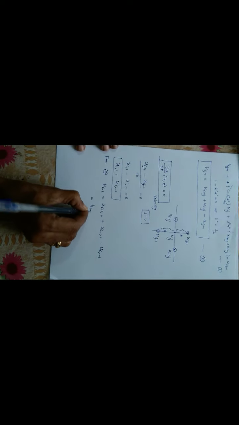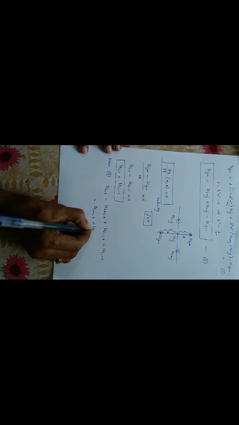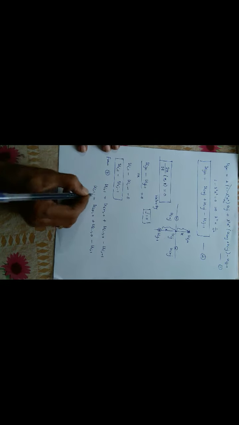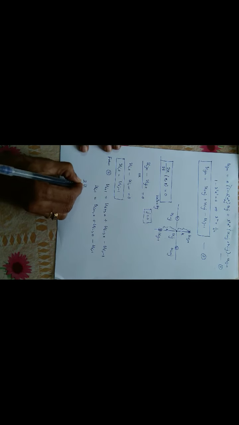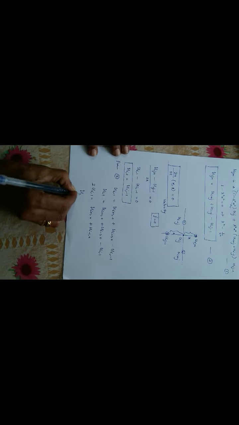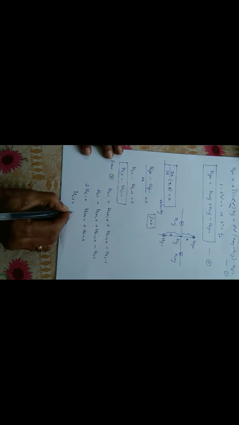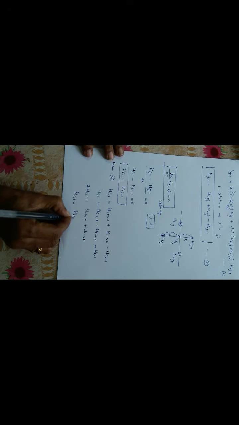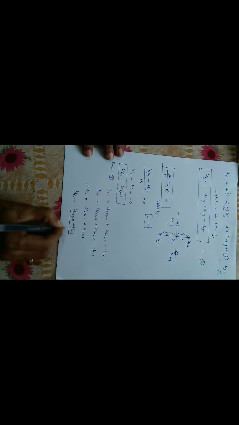So u(i+1, 0) plus u(i-1, 0) minus u(i, 1). So the left hand side is also u(i, 1). These two are the same, I'm going to combine. So 2 u(i, 1) is u(i+1, 0) plus u(i-1, 0). By simple algebraic manipulation, you divide by 2.